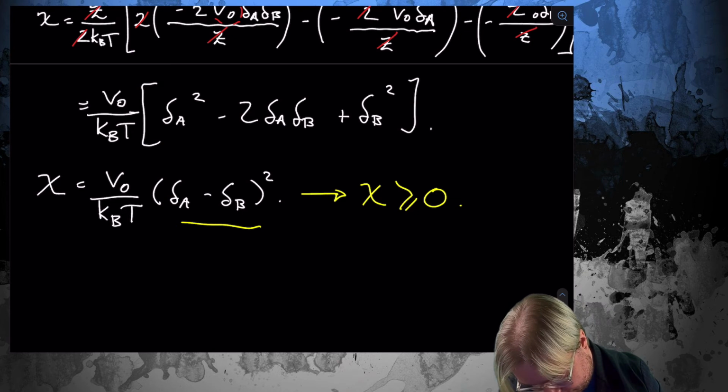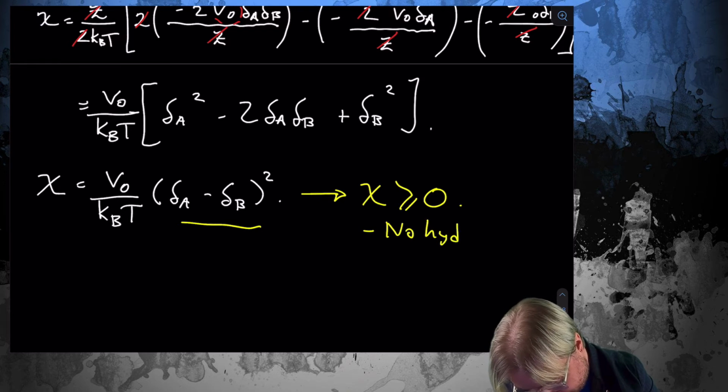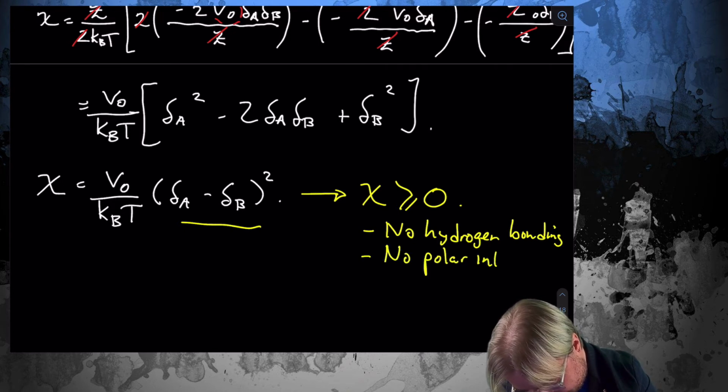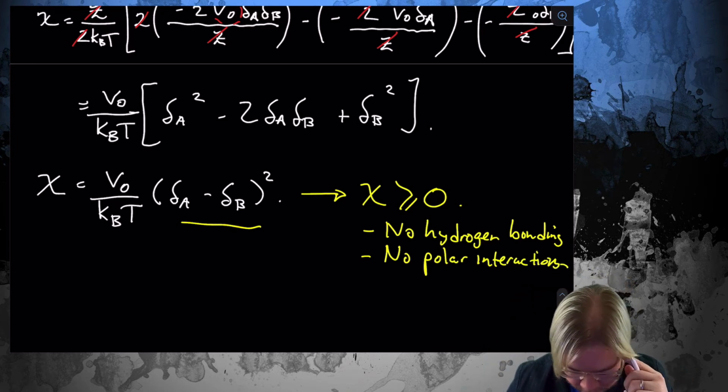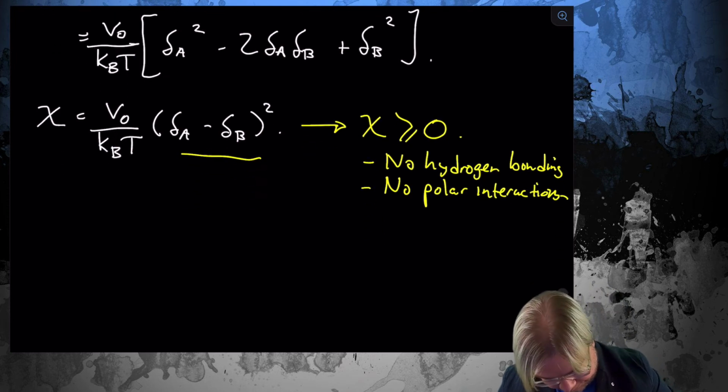So this is not taking into account H bonding. So there's no hydrogen bonding. And no polar interactions. So it's not the complete story. We could also group this together.